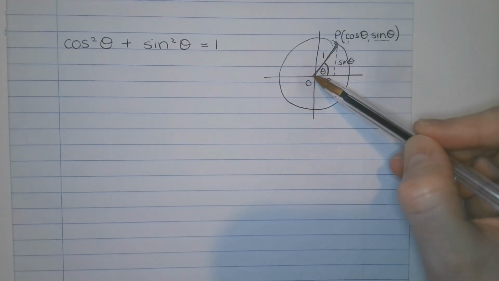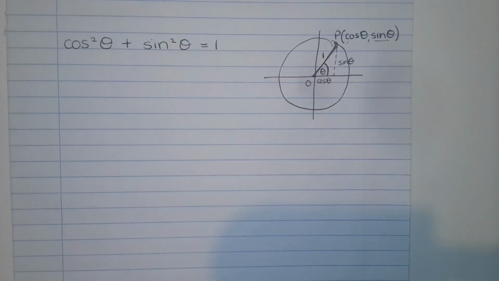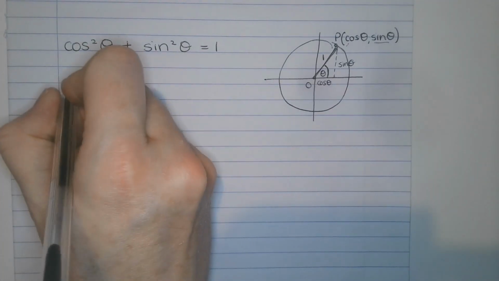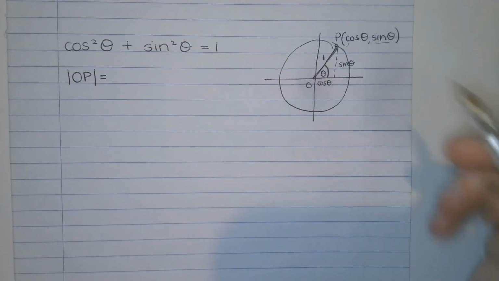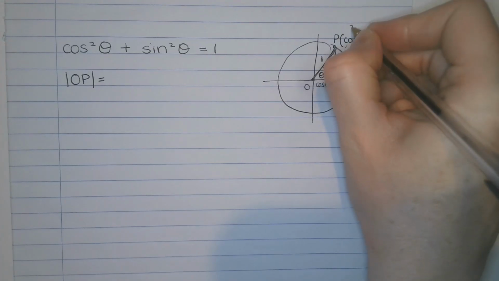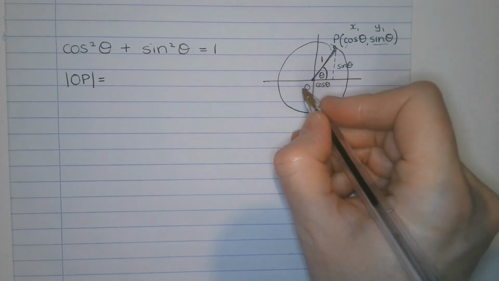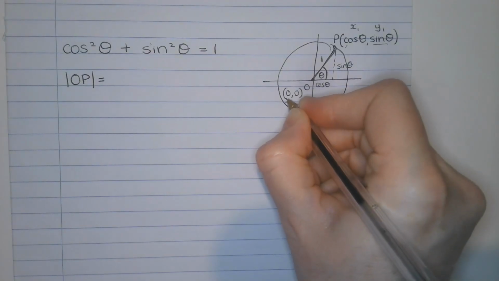And what we're going to look at is using, first of all, the distance formula. We're going to use the distance formula to find the length of OP, the distance from the center to the point. My x1, y1 being cos theta, sine theta, and my x2, y2 being 0, 0, my origin.